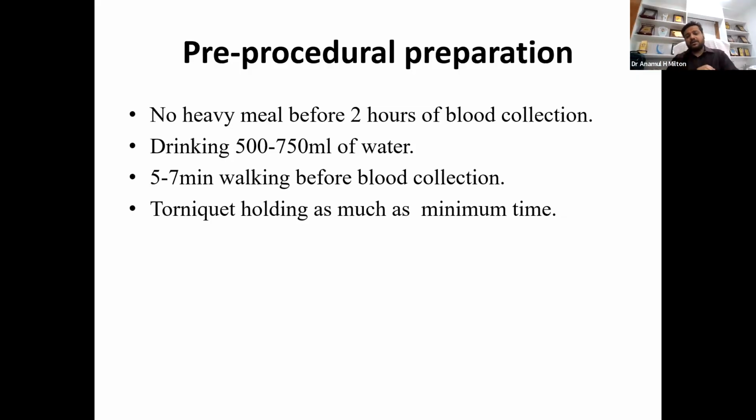And if we are using the tourniquet in a very pressing manner, it also destroys the quality of the platelets. So after puncturing the vein, when the blood comes, at that time we should loosen the tourniquet.